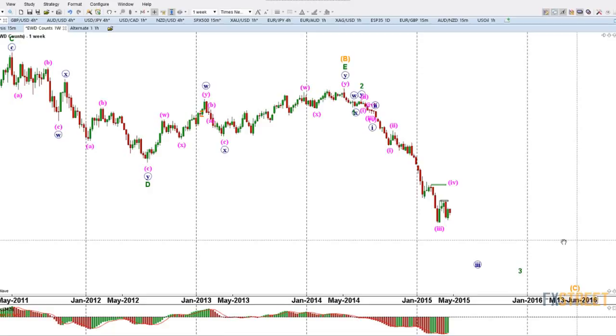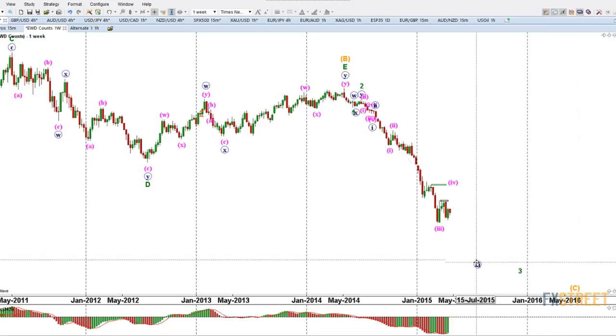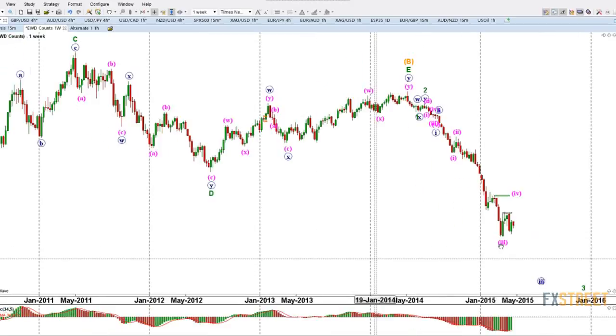So that's going to be our target on the weekly chart. Also, when we were following this wave 3, something I forgot to mention is that the markets are fractal, which means that we have cycles inside the cycles, or waves inside the waves, and more waves inside the waves.